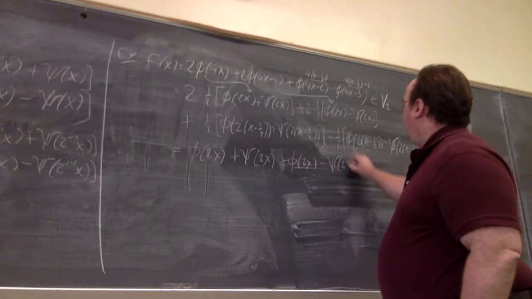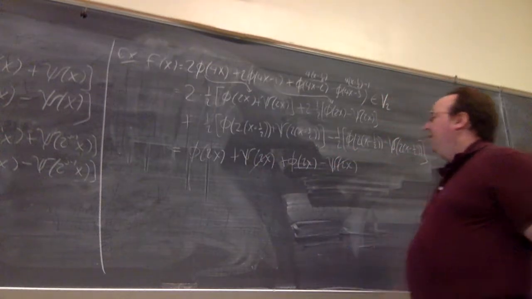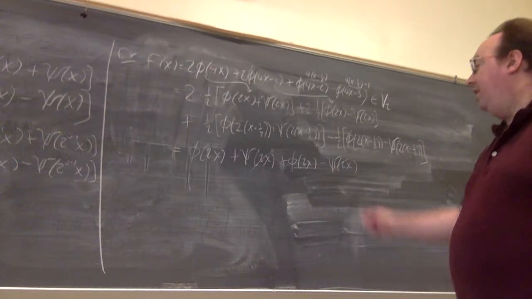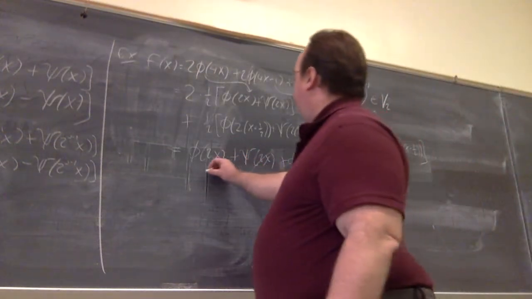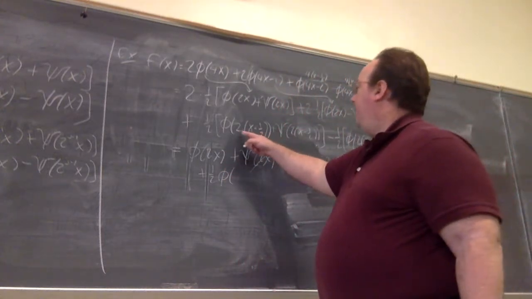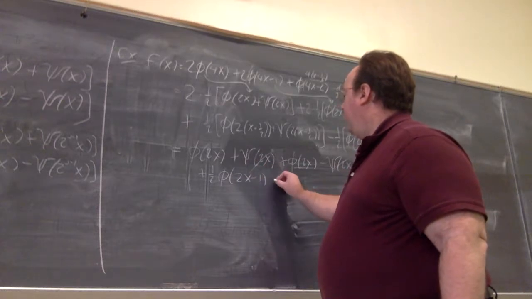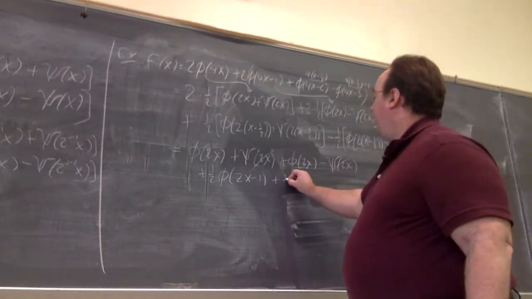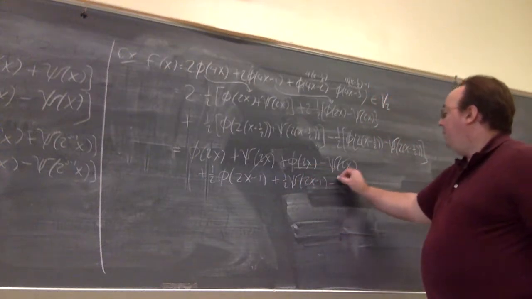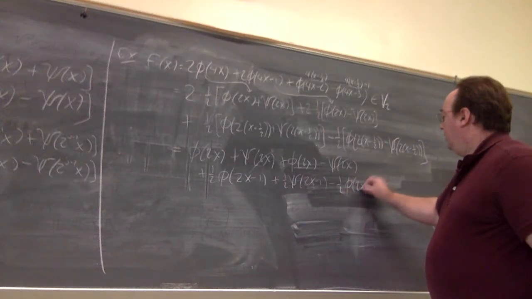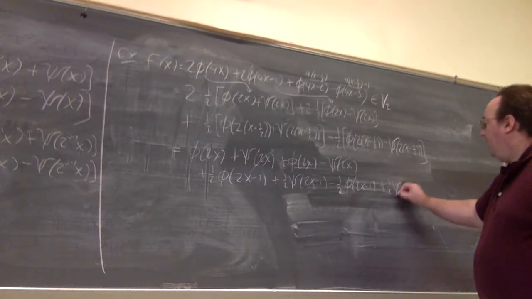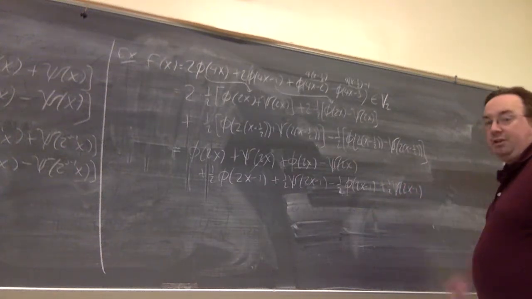Minus psi of 2x. So those cancel. And then the others will add together. And then I have plus 1/2 phi of, I'll distribute, 2x minus 1, plus 1/2 psi of 2x minus 1, minus 1/2 phi of 2x minus 1, plus 1/2 psi of 2x minus 1.